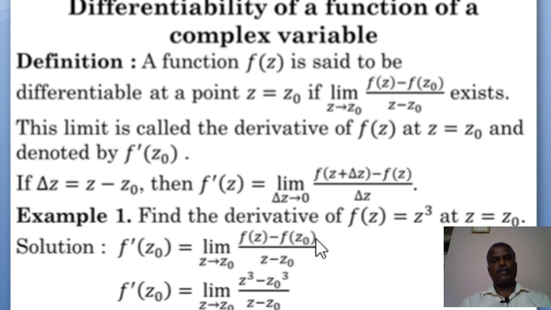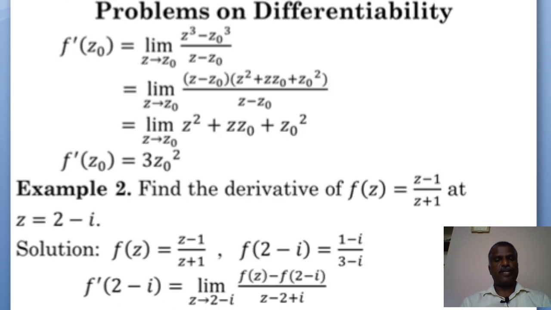Substituting, we have z cube minus z naught cube. It is a cube minus b cube, which is (a minus b)(a squared plus ab plus b squared). So z minus z naught cancels. After applying the limits, we get 3z naught squared. This is the derivative of z cube at z naught.